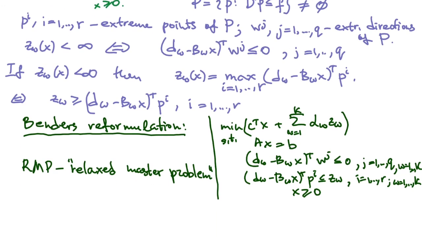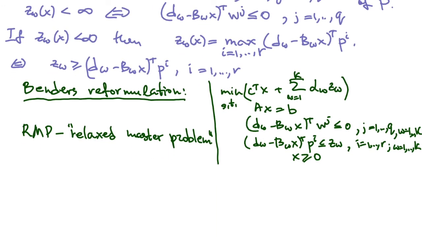So here is how we proceed with the iterations of Bender's decomposition. Assume that we solved the relaxed master problem and we obtain the solution given by x star and z omega star. This is the optimal solution to the current relaxed master problem. Then we need to verify if this optimal solution to the relaxed master problem is in fact optimal for the whole master problem.